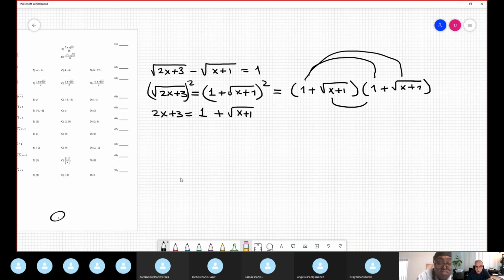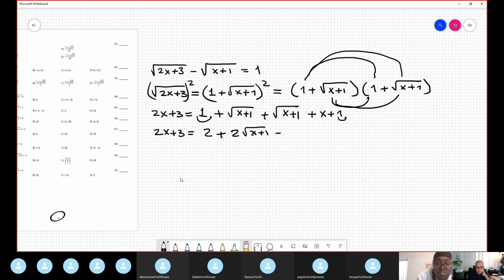A radical times 1 is just a radical again. A radical times itself is the expression inside without the radical, which is x plus 1. And we have 2x plus 3. We can combine later. 1 plus 1 is 2.